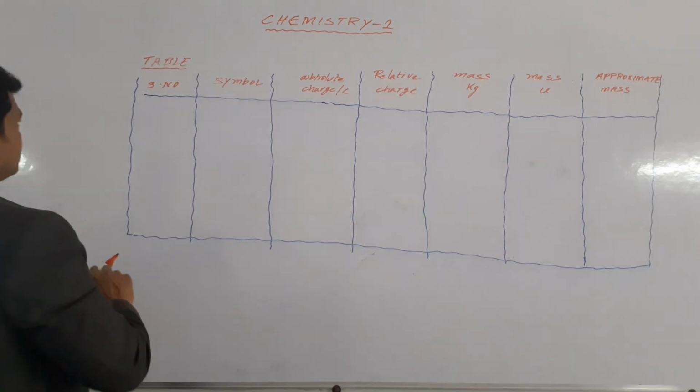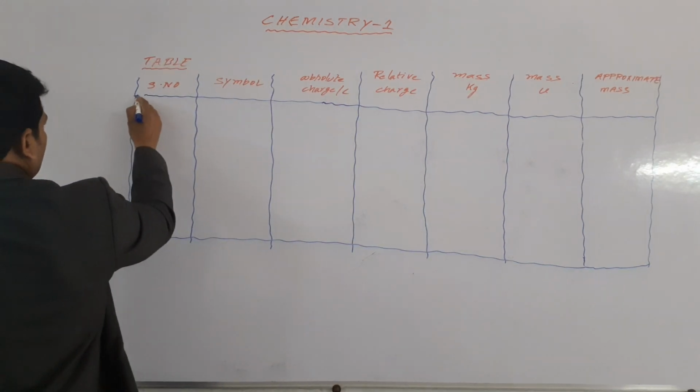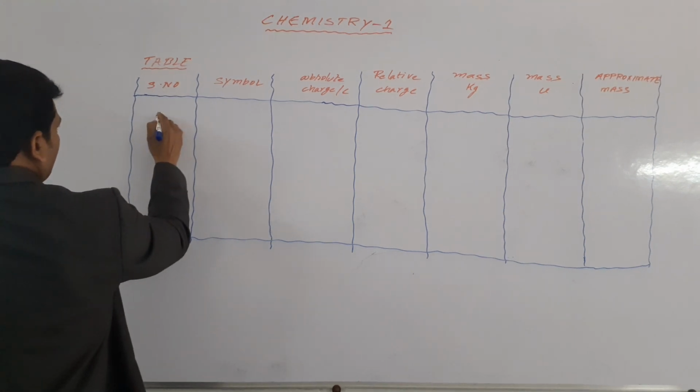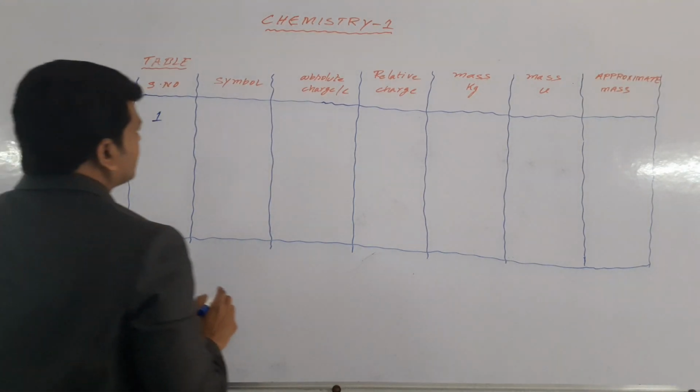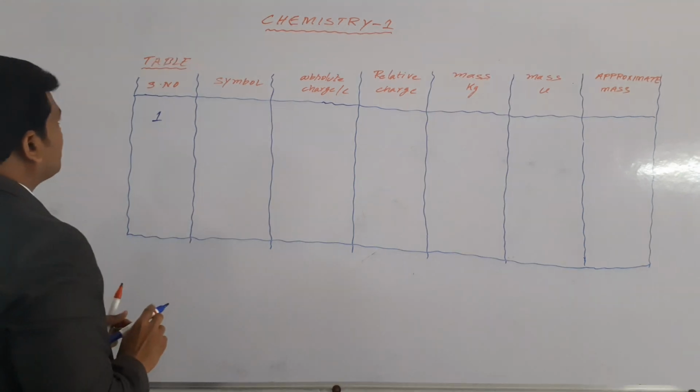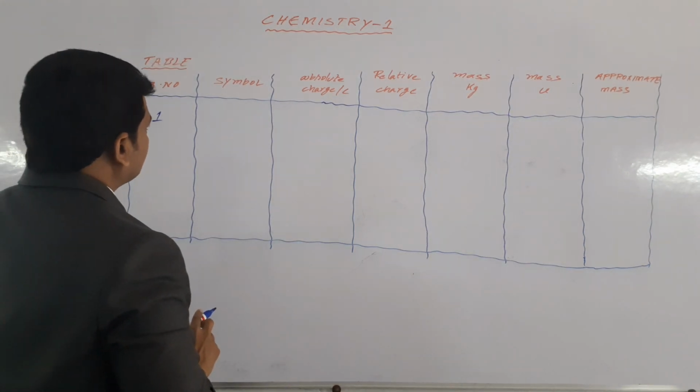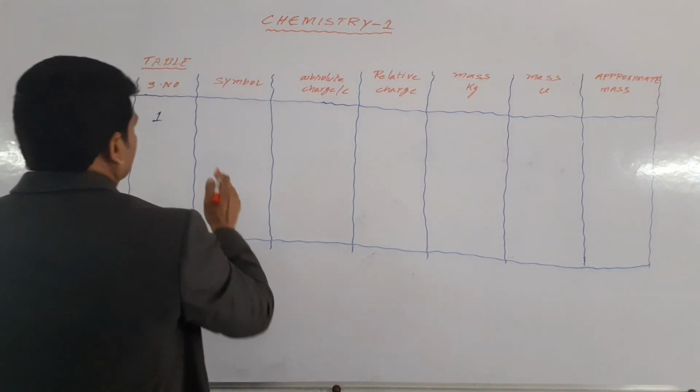See, first one, serial number 1. See, one more column I have to take, students: name and symbol.